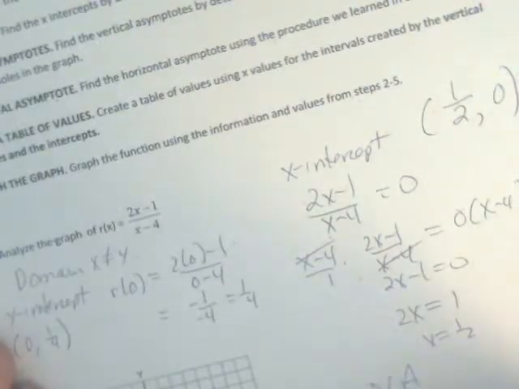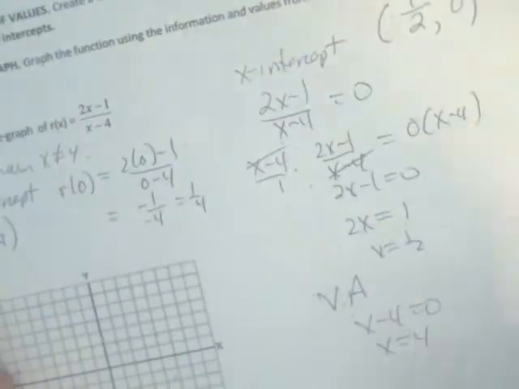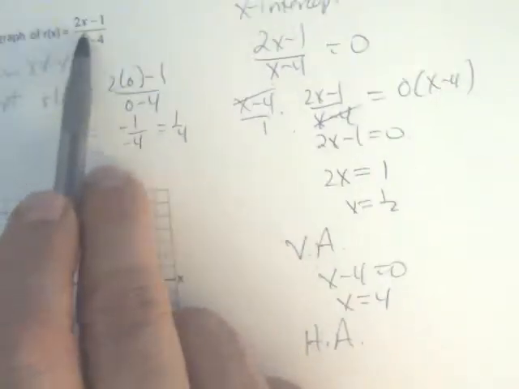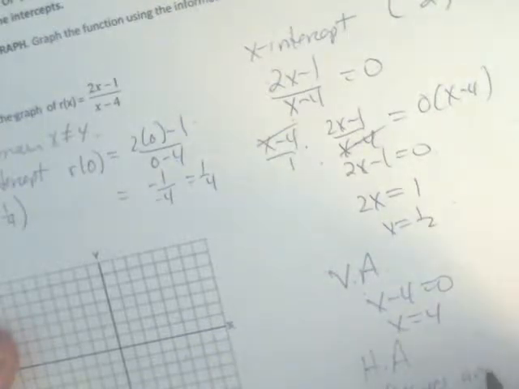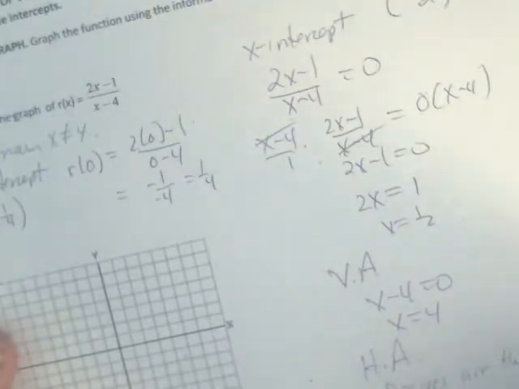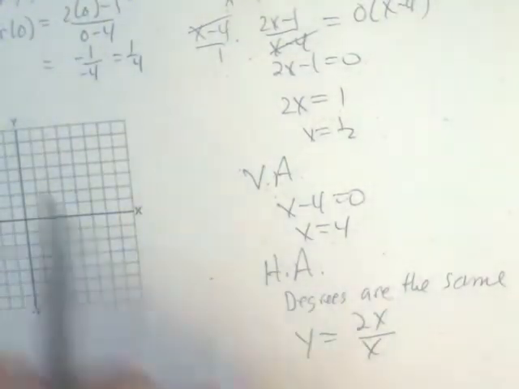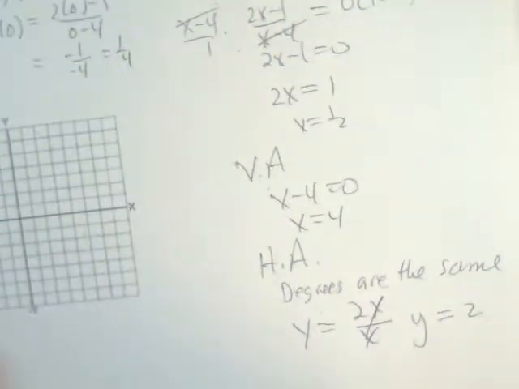So x minus 4 is 0. X is 4. Horizontal asymptote. The degrees are the same, so I take the two terms with the highest degree, which in this case are 2x and x, form a fraction, cancel out my x's, and I get y is 2.